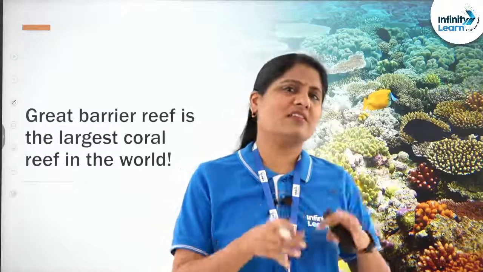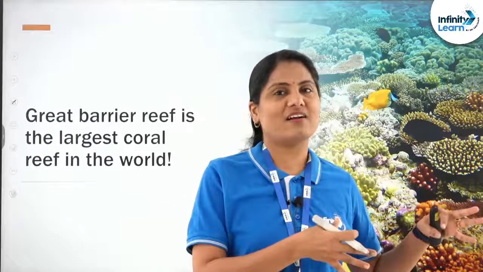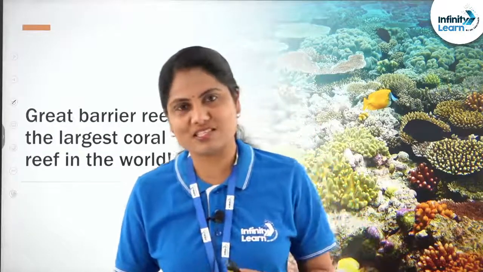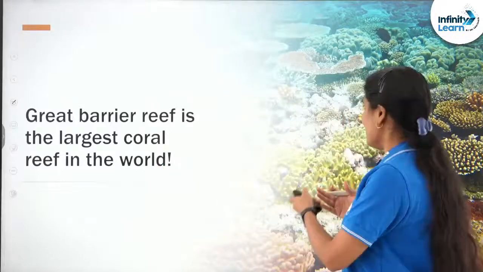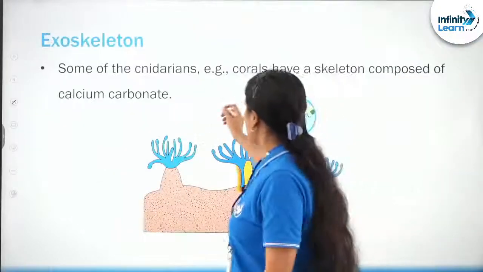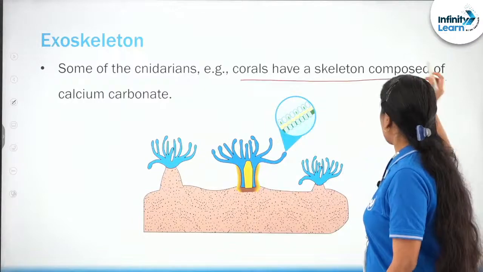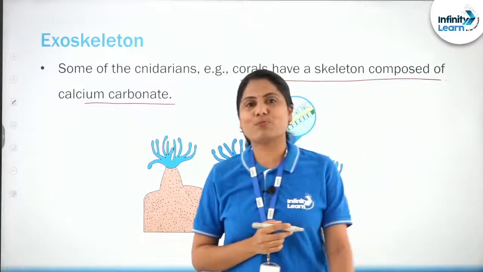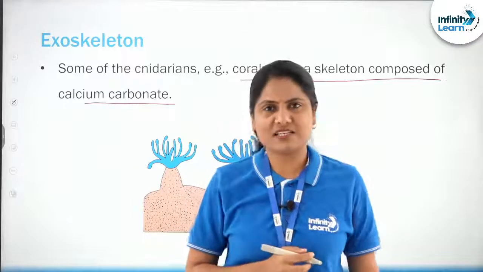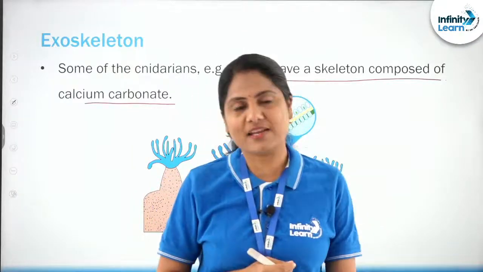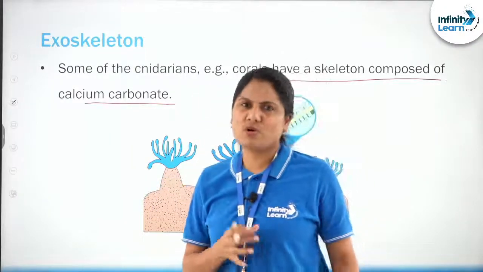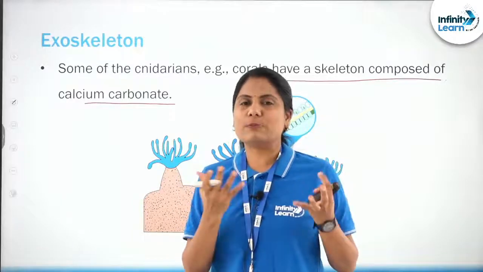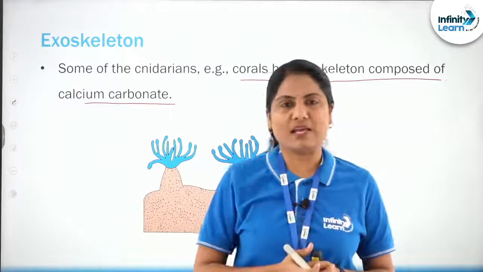And what has this got to do with the phyla that we are going to discuss today? Phylum Cnidaria. Some of the cnidarians form corals, which have a skeleton composed of calcium carbonate. Within your NCERT text, you find this Meandrina example, which is a brain coral, which looks like a human brain, which is why the common name, the brain coral.